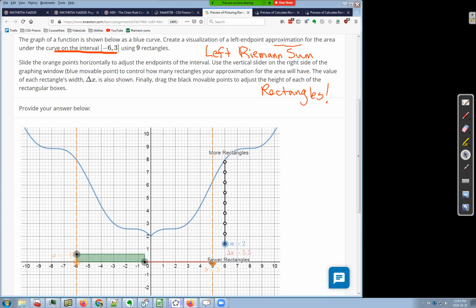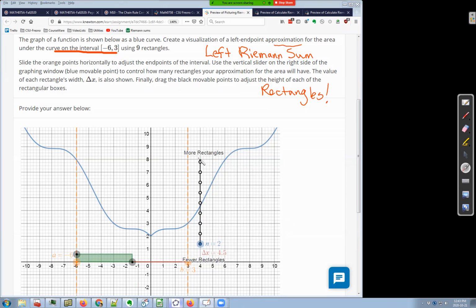And then on these homework assignments, you've got a left yellow point and a right yellow point. I'm going to move the right yellow point to 3. And so what we've got happening now is we've cordoned off the area between x is -6 and x is 3.